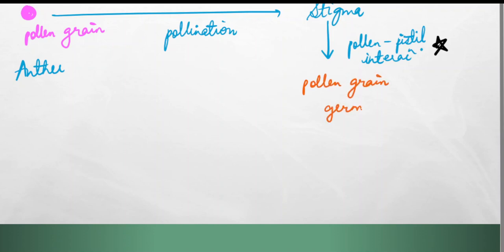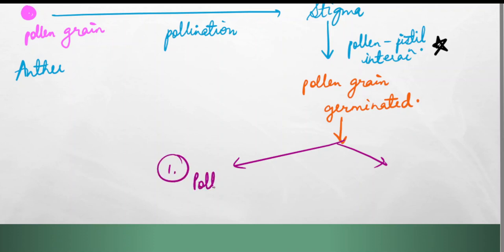Germinated, then what happened? In this germination, two important things occurred. First important thing, the pollen tube was formed, and second important thing, two male gametes were transferred.